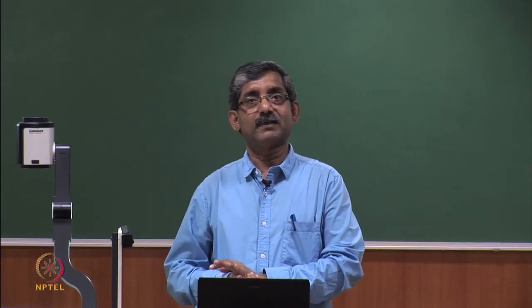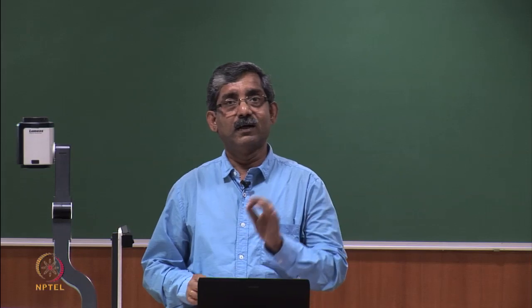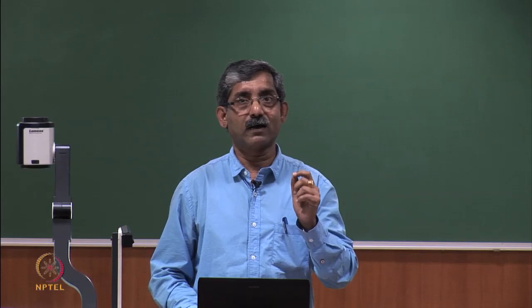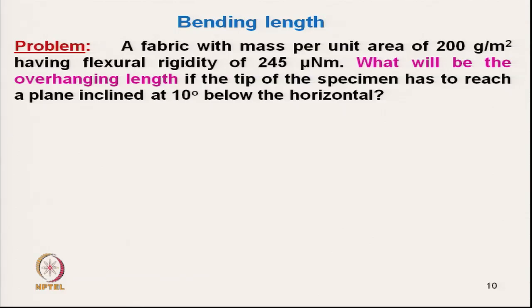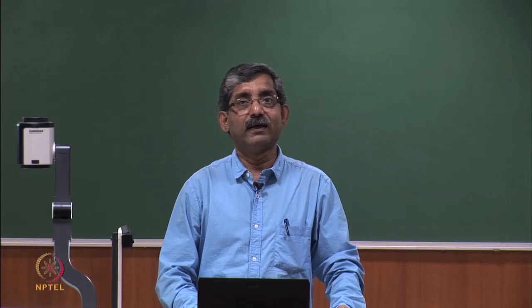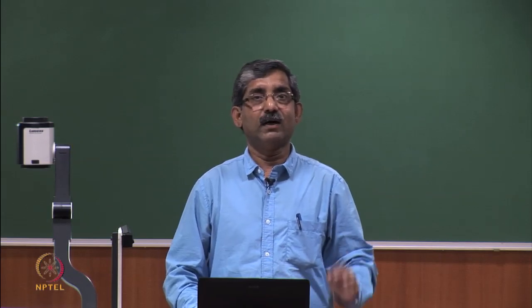Here the problem is a fabric with a mass per unit area of 200 grams per square meter, having a flexural rigidity of 245 micronewton meters. What will be the overhanging length if the tip of the specimen has to reach a plane inclined at 10 degrees below the horizontal?